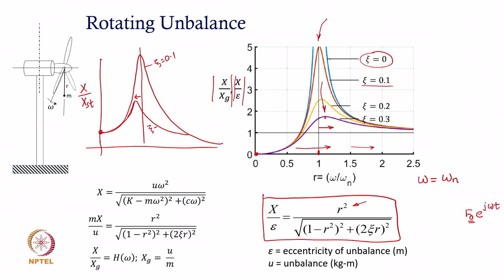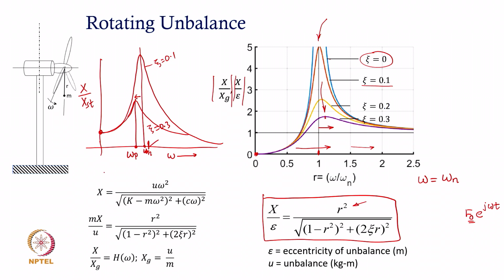So, let us say this is zeta equal to 0.3, and the peak is observed at a frequency omega p. Okay. If you are plotting this as a frequency and not frequency ratio, then this is the undamped natural frequency, and it will be slightly on the left hand side of the undamped natural frequency.